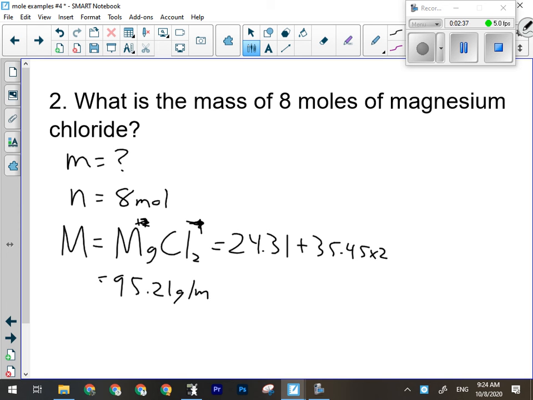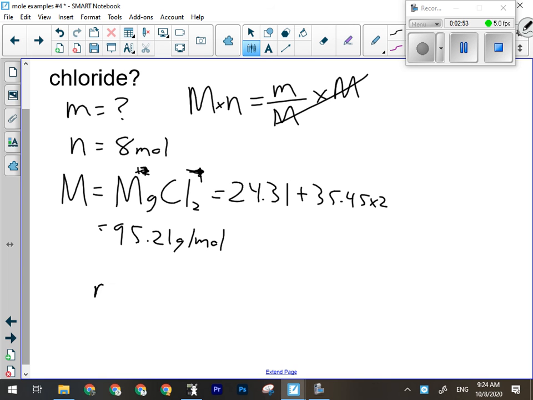Okay, so now I have big M and I have n, and I'm looking for little m. So I have to manipulate my equation, multiply both sides by big M, and now I can solve for little m. So little m will be my 8 moles multiplied by my 95.21 grams per mole.